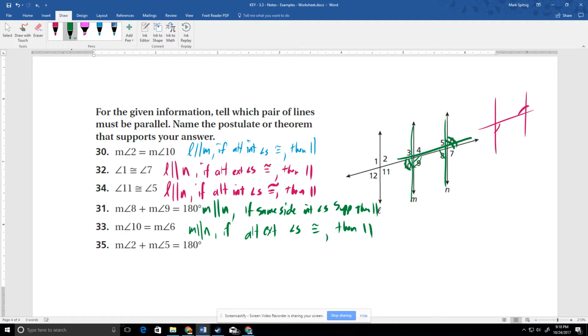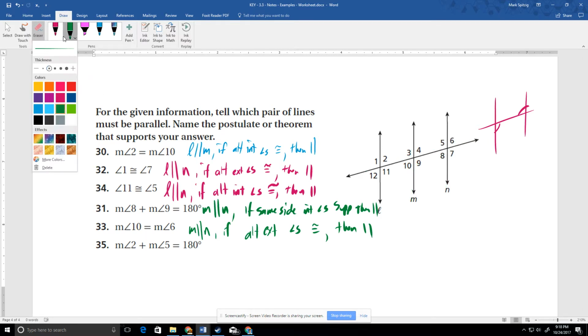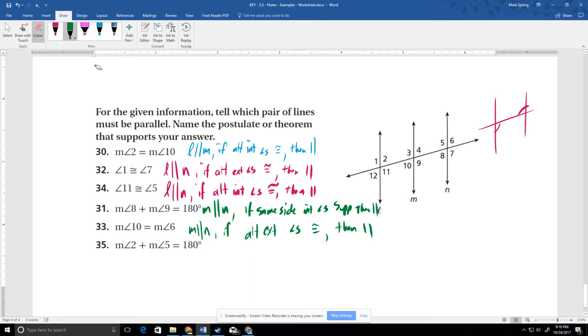And this brings me to a point here. If you think about it, some of these angles are interior or exterior depending on which angles you're comparing them to. For instance, angle 10. If I compared angle 10 to angle 2, well, then I'm looking at L and M as my two lines here, right? So they're on the interior. So they would be alternate interior.